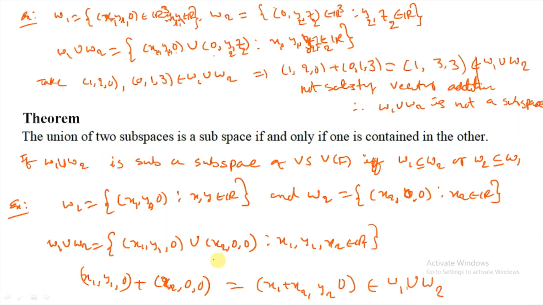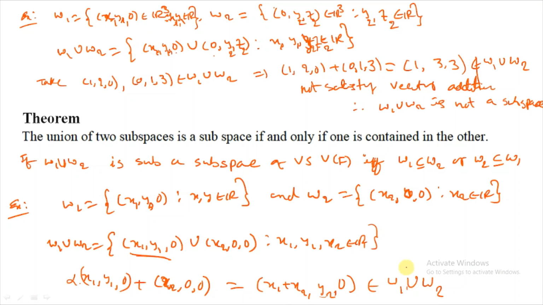See, x1, x2 are real numbers, x1 plus x2 is also a real number, y1 also a real number. It belongs to W1 union W2. That is vector addition. Not only that, you can take scalar multiplication. If you take alpha times this, we get (alpha x1 plus x2, alpha y1, 0). This alpha is a real number, alpha x1 plus x2 is also a real number. So vector addition and scalar multiplication hold.